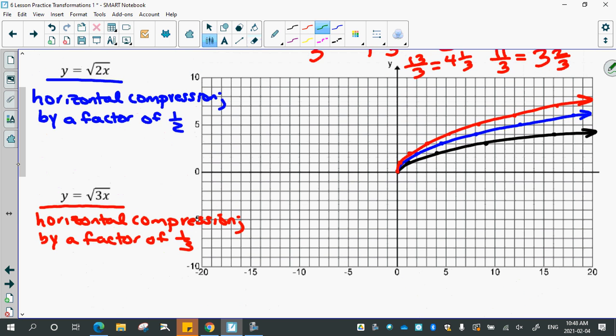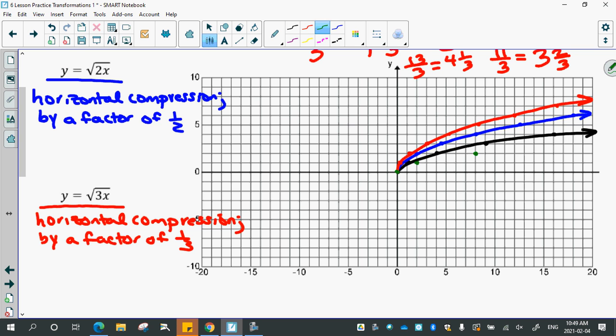So normally, once I started at 0, 0, I would go over 1 up 1. Now I'm going to double the over, so I'm going to go over 2 up 1. And then normally my next step I'd go over 3. So now I'm going to go over 6 instead, because 3 doubled is 6. 1, 2, 3, 4, 5, 6, up 1.